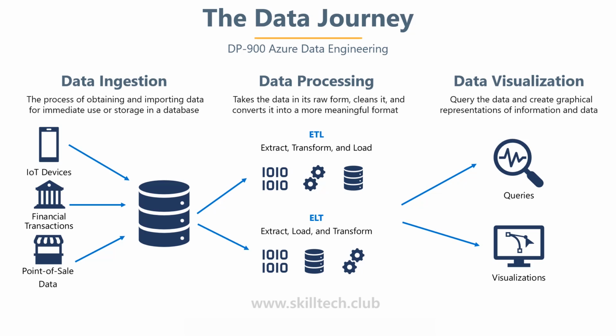In ETL, the raw data is retrieved and transformed before being saved, while in ELT, the data is retrieved and saved, and after that it is transformed.